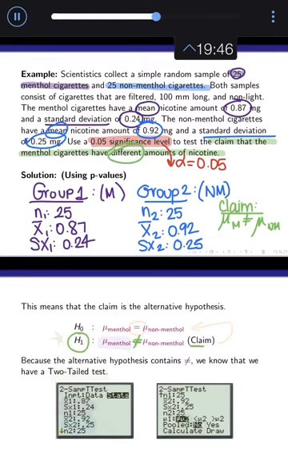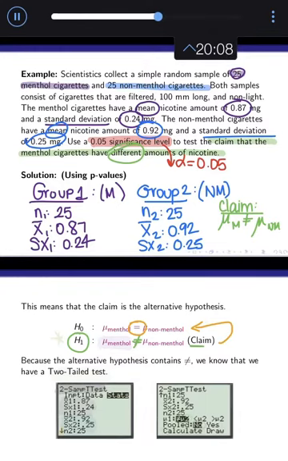That's what our claim is. So then its opposite, the null hypothesis, would have the equal to. Then we can use this to run our 2-SampTTest in our calculator. Remember, we already found out what our group 1 was.